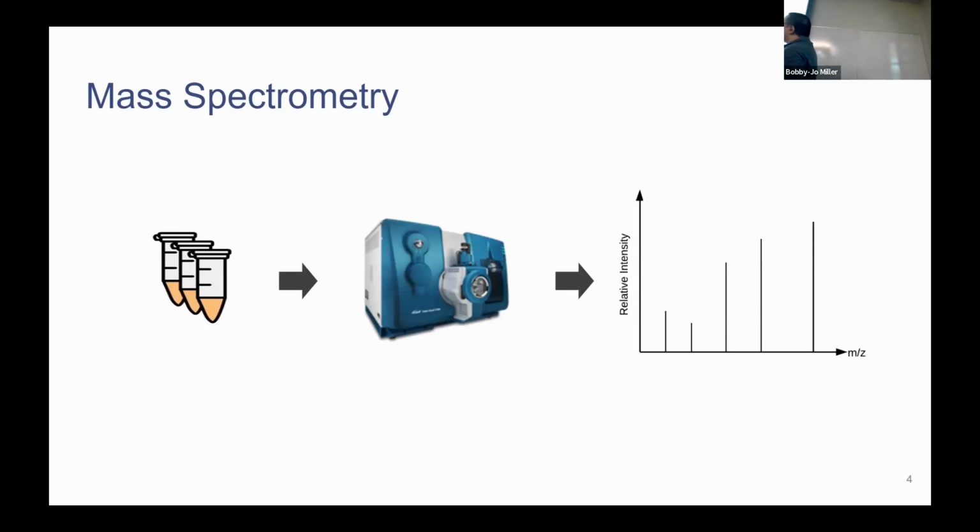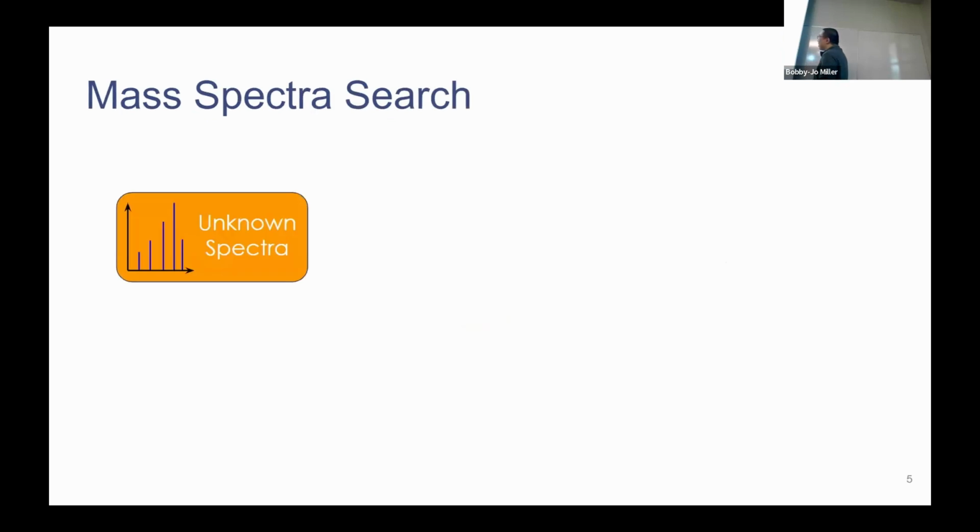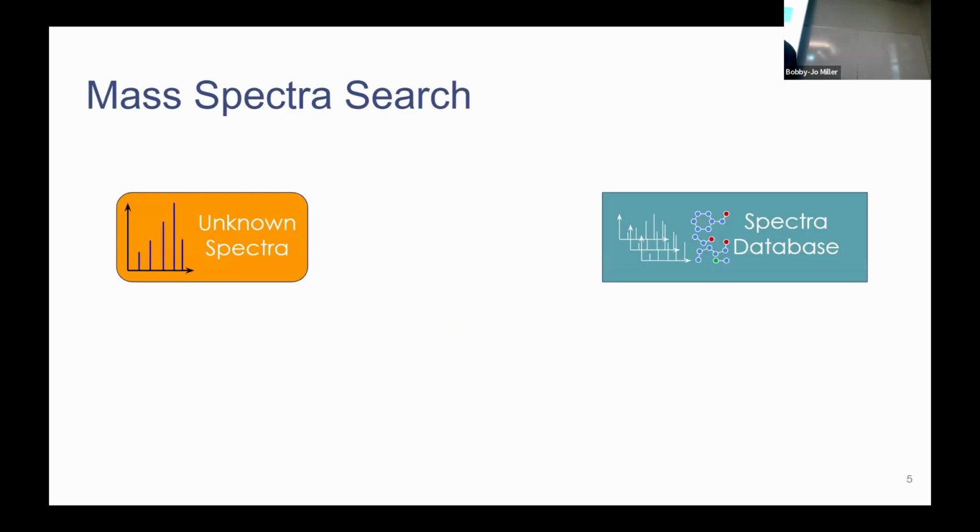With these numbers from the individual samples, you're going to do something called a mass spec search. To do this, the idea is to have a spectral database, a collection of structure and spectral pairs that you collected over the years.